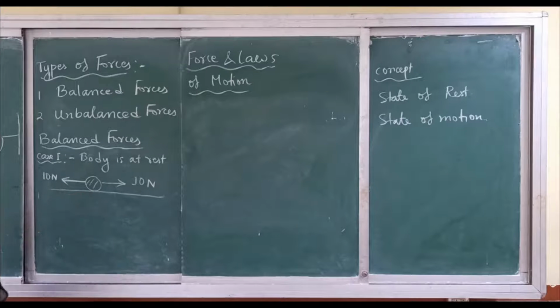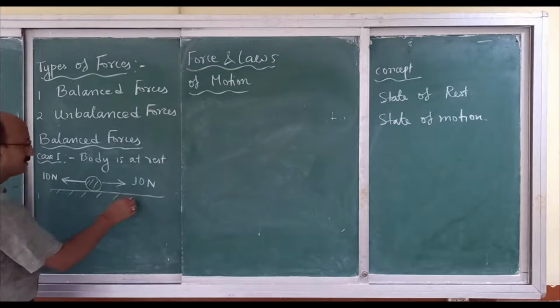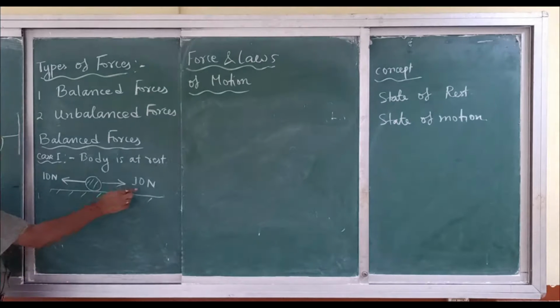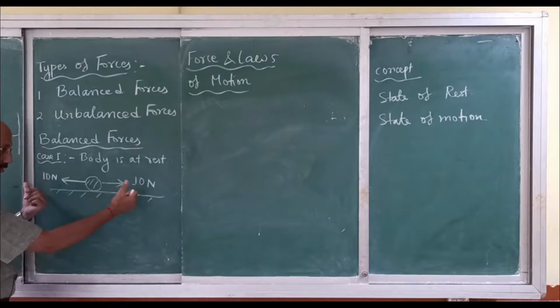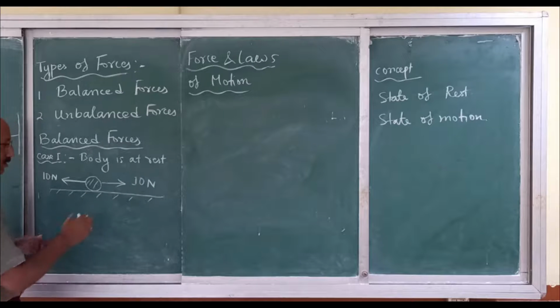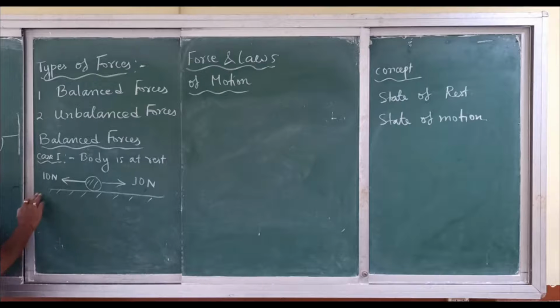So what will happen to the body? Now the body was at rest before the application of the forces. Now the body is acted upon by two forces in opposite directions, but the values of the forces are the same. So what will happen?